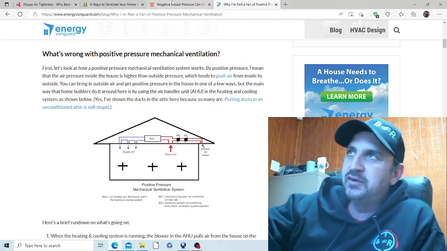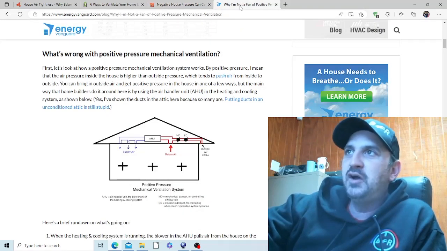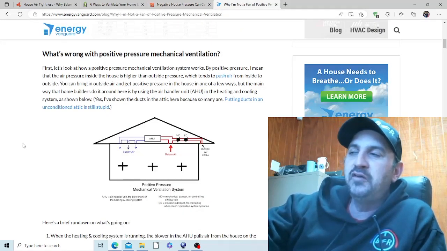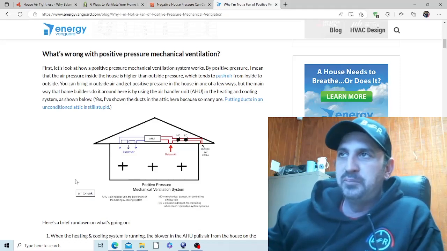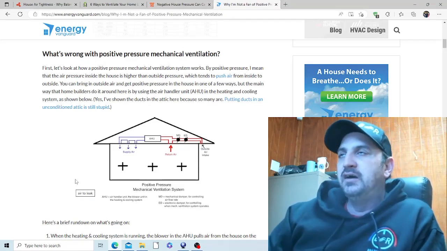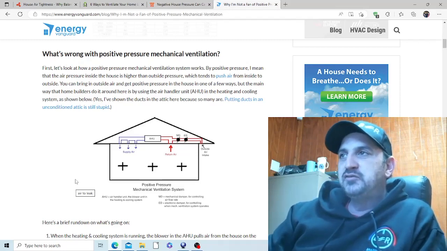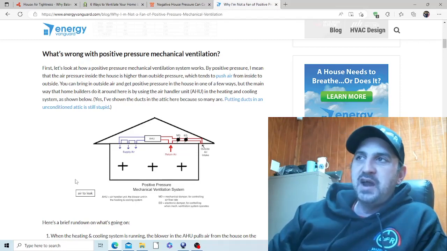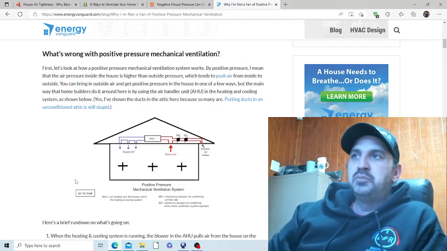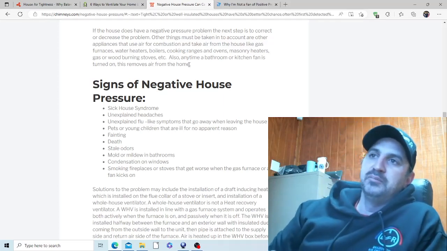And then the vice versa of that would be if you have a home to where you only want to let air out. You don't want to bring stuff in, but you want to get rid of anything inside. Whether you realize it or not, if you don't have outside air intakes, you're probably working with a negative pressure system.